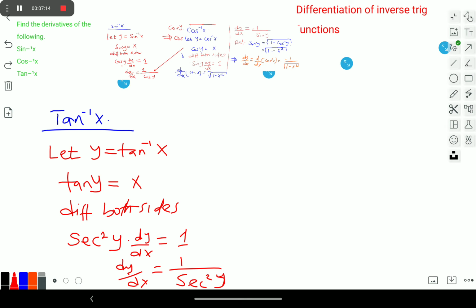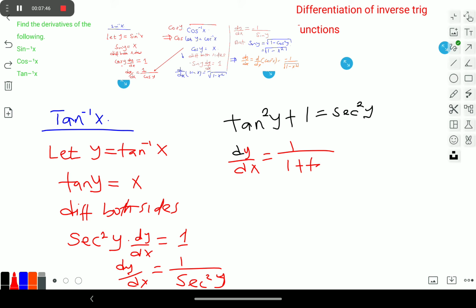But for tan, it is different because the property we are using is different from the one we used at first. Now let us apply this property: where there is sec squared y, we shall put 1 plus tan squared y. So dy/dx will be equal to 1 out of 1 plus tan squared y.